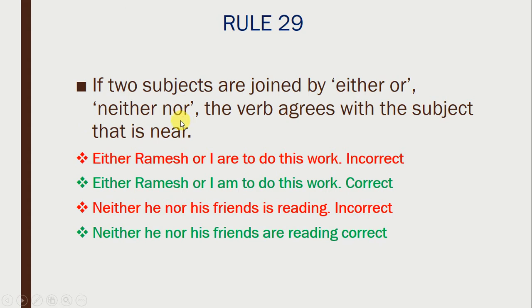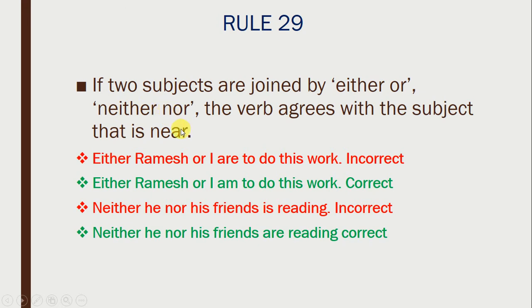Okay. Before, we saw that when we are joining the two subjects with along with, as well as, we were focusing on the first subject. But in this rule, when we are joining the two subjects with either or, neither nor, the tip to remember is this: here we are choosing one, either or, neither nor, right?